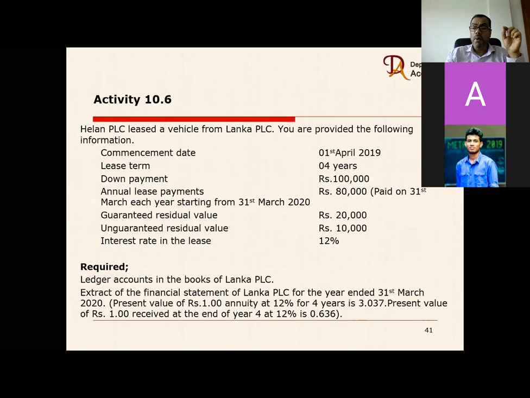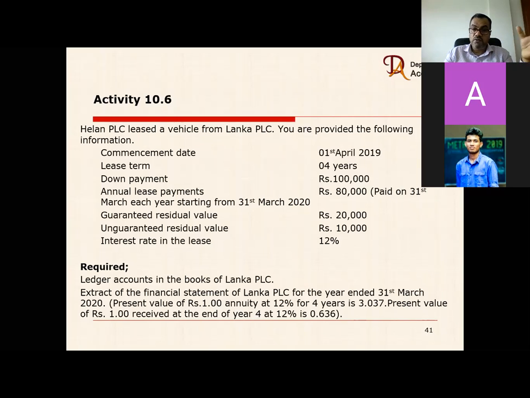1 minus 1 divided by 1 plus R, that is 12% in this case, to the power of n. Here it is 4. Take that value, divide that full value by, again, R, that is 0.12. It will be 3.037. In the examination, if the value is provided, you directly take it and do the calculation.